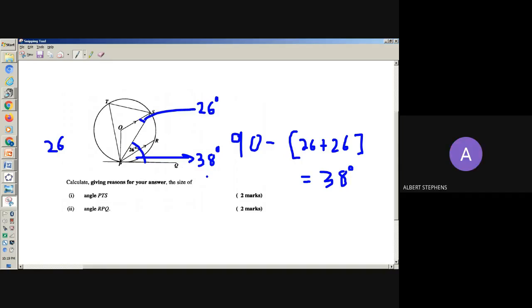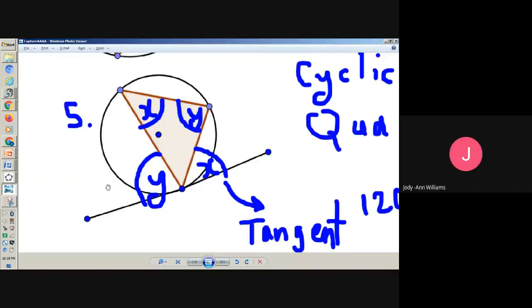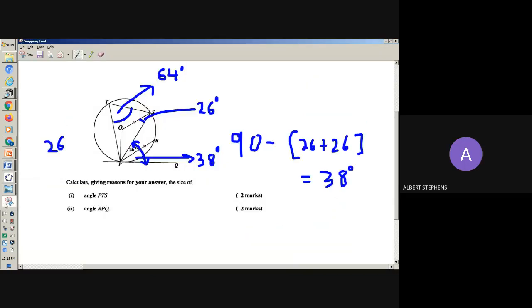Would you agree that if all of this is 64, then up here at T must be 64, because of diagram 5. Are you with me? And if up here is 64, then down here is twice 64, which is 128.